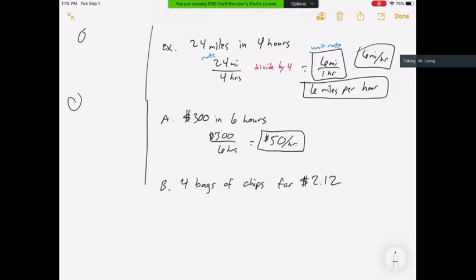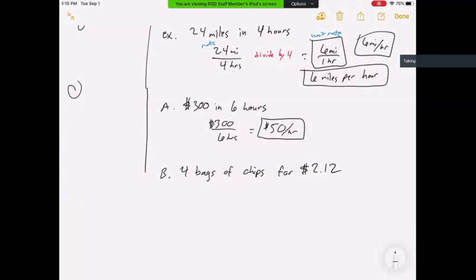Go and find the unit rate for this one. All right, so go ahead and work that one out. Again, use a calculator. You're supposed to be using a calculator.